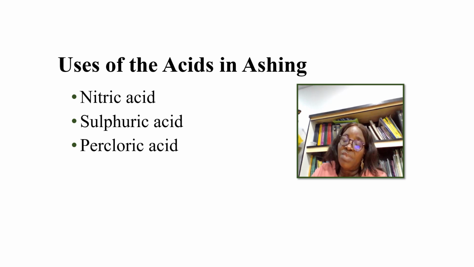What are the uses of these acids in ashing? I want to state here that nitric acid is added to water samples to ensure that metals are dissolved. If it is not added, some metals, including iron, may oxidize or form oxide mineral precipitates, and then not be detected in the chemical analysis of the water, especially when you're dealing with water analysis.